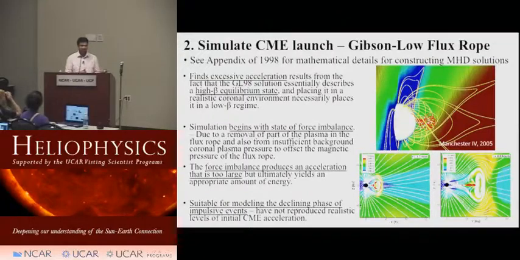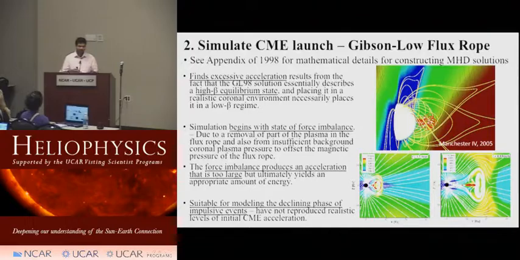Essentially, this is because it has a high beta equilibrium state, and placing it into a realistic coronal environment necessarily places it into a low beta regime. The other thing was the simulation begins with a state of force imbalance, and that's due to the removal of part of the plasma in the flux rope, and is also from insufficient background coronal plasma pressure to offset the magnetic pressure of the flux rope.